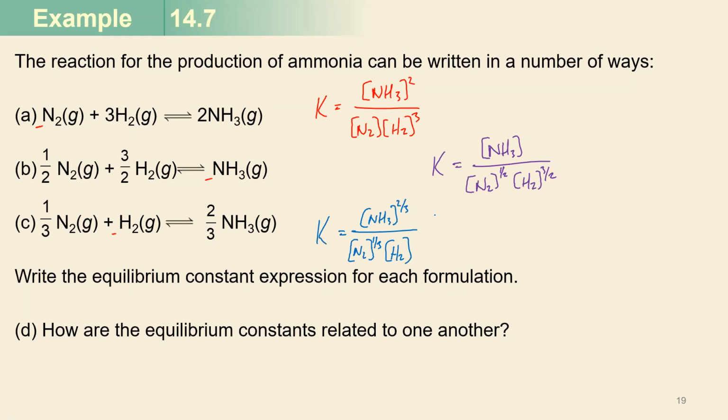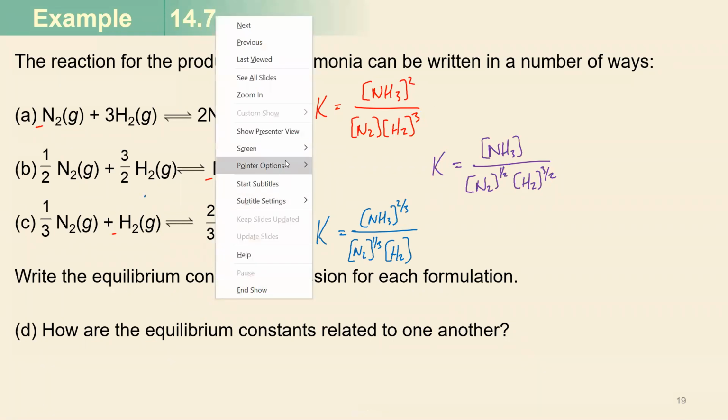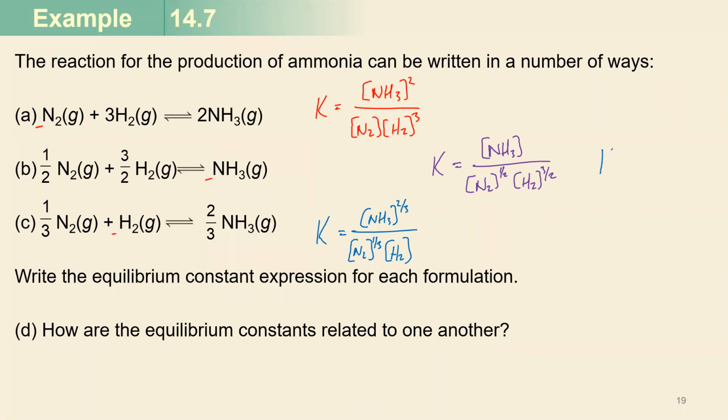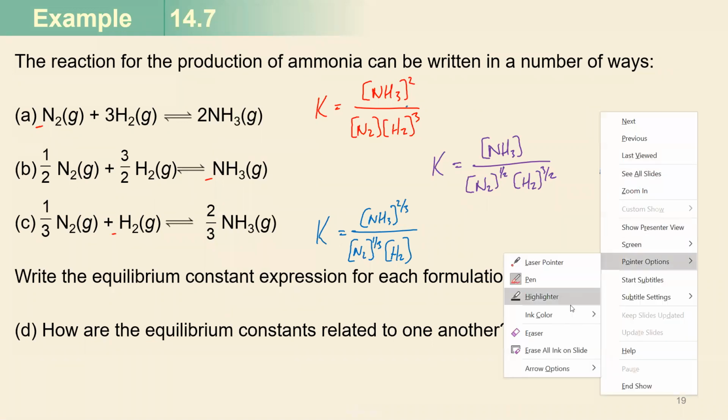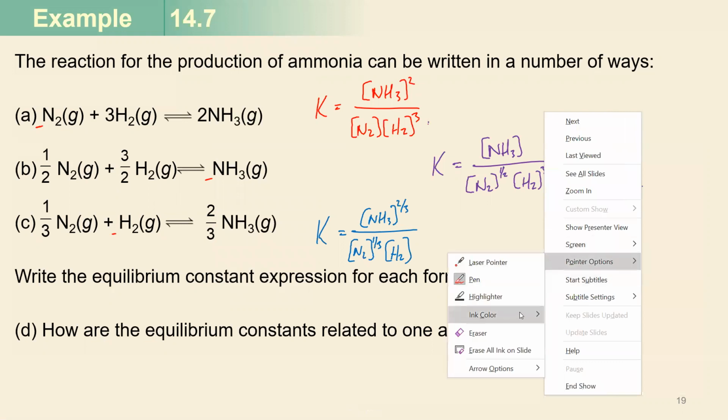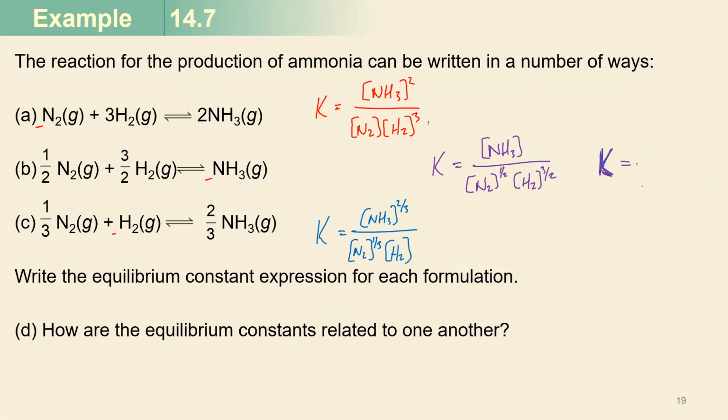And so it turns out that purple K here is equal to the square root of red K. Okay. Another way of thinking about this, from A to B, what do we multiply all those coefficients by?